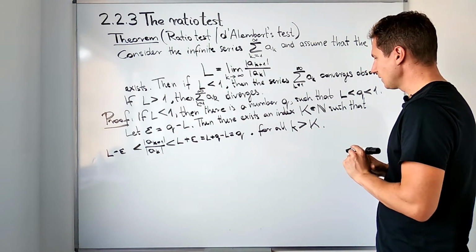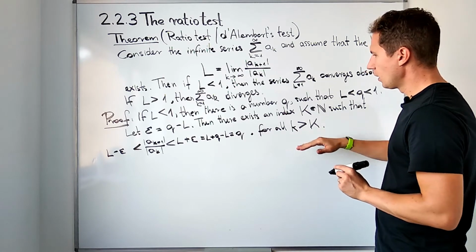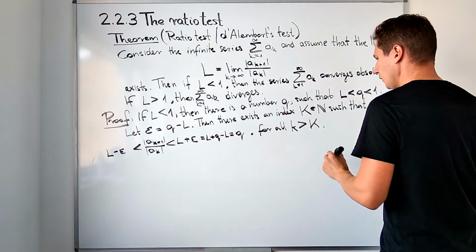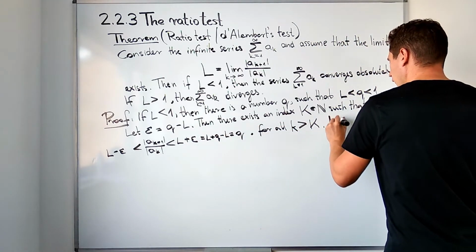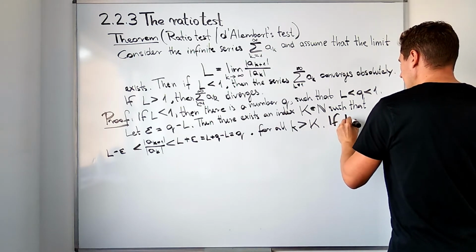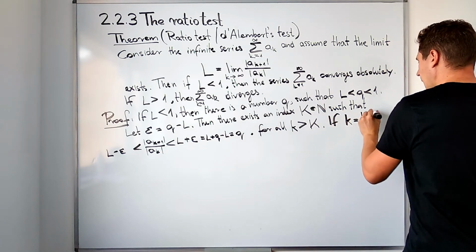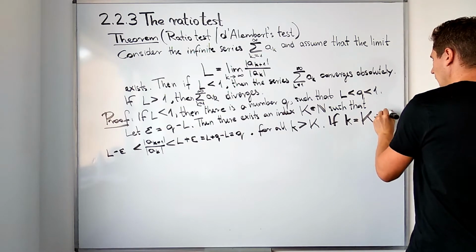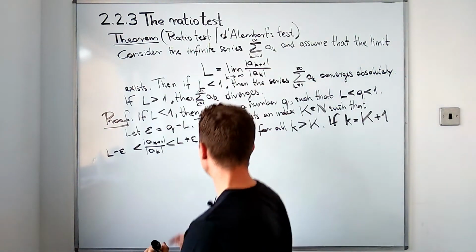Let's just translate this into the first few terms that come after capital K. So if little k is equal to capital K plus 1, what do we get? Well, we get the following inequality.